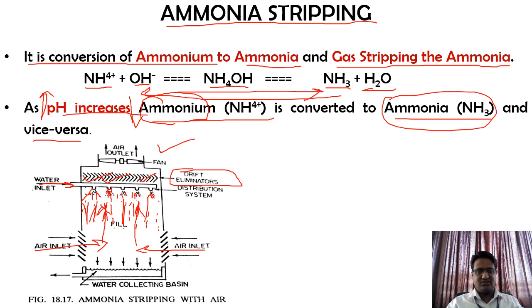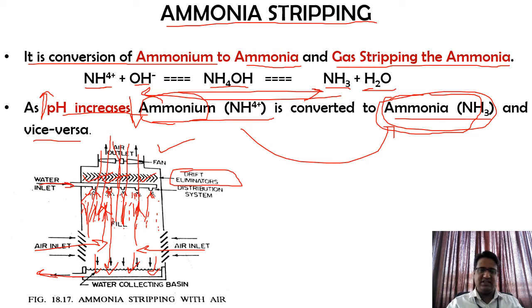So the water will come down, get collected over here, and in turn be taken out, whereas the gas passing in the vertical direction is your ammonia gas. When the water is added, your ammonium will be converted into ammonia.